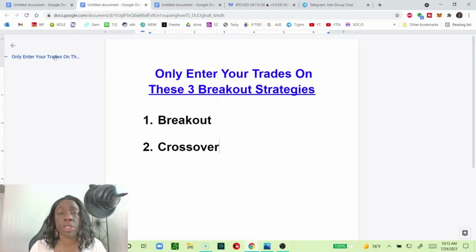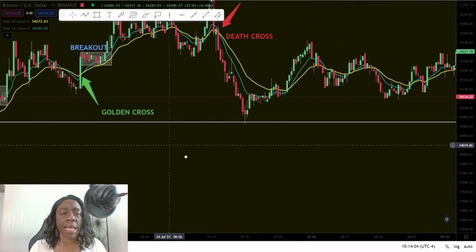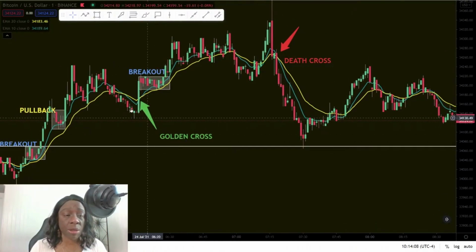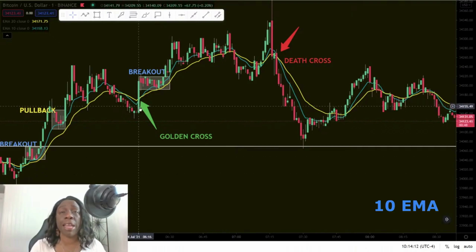I'm going to move over to the charts, and I have the green and I have the red. With the green, we see my blue moving average is the 10-day moving average, and the yellow is the 20-day moving average.